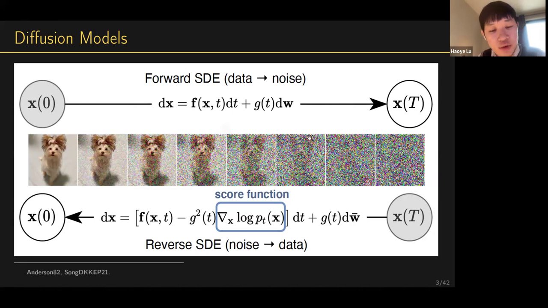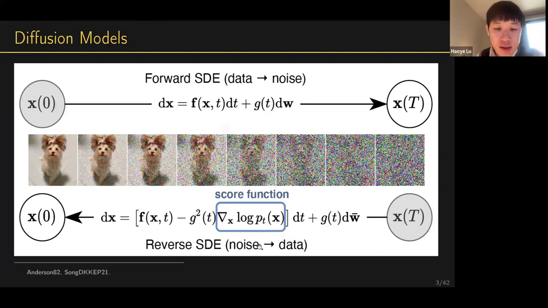Then we need to learn a reverse SDE to transform the noise distribution back to the data distribution. Once we have this reverse process, we can sample a Gaussian sample from the prior distribution and evaluate this reverse SDE to obtain a fake image fitting the data distribution.